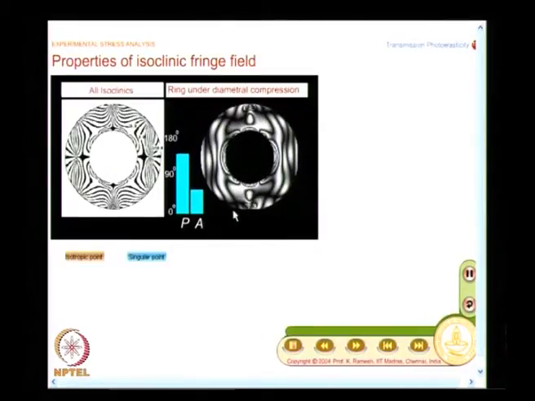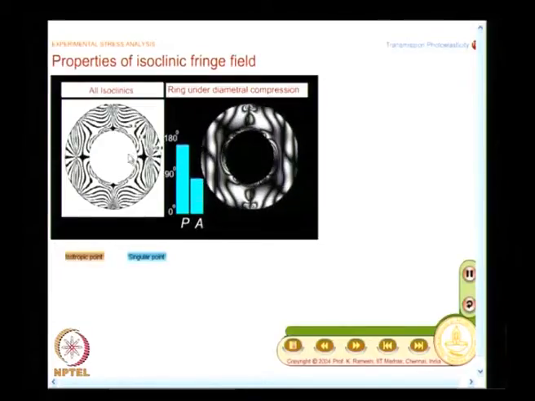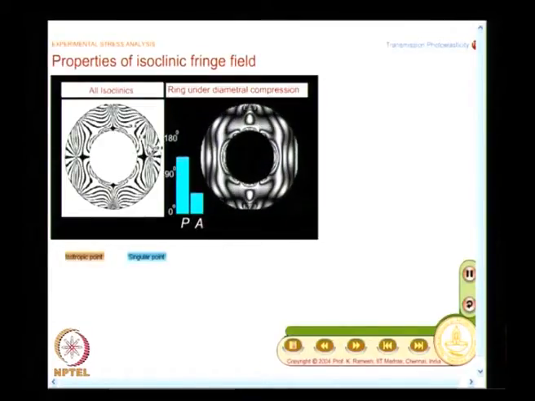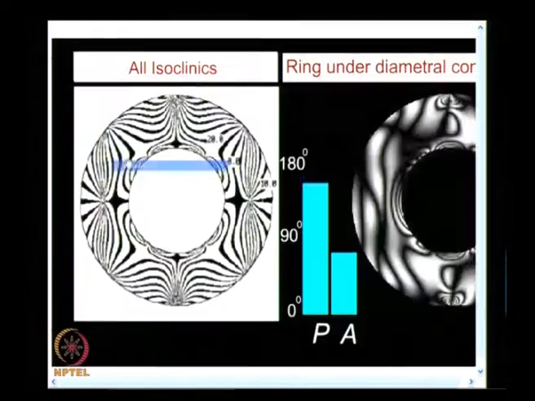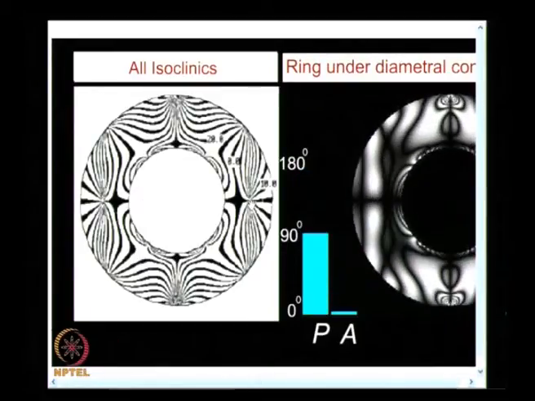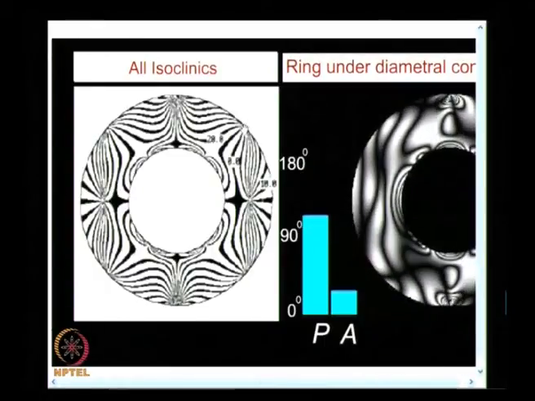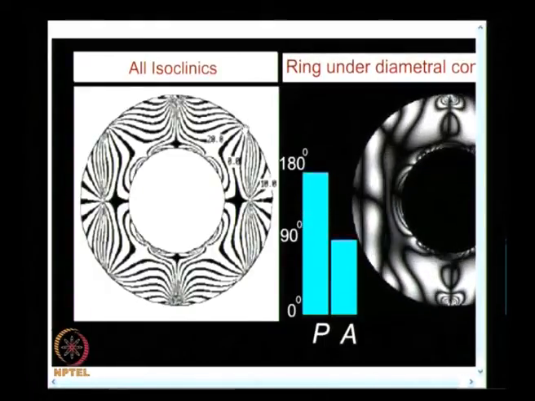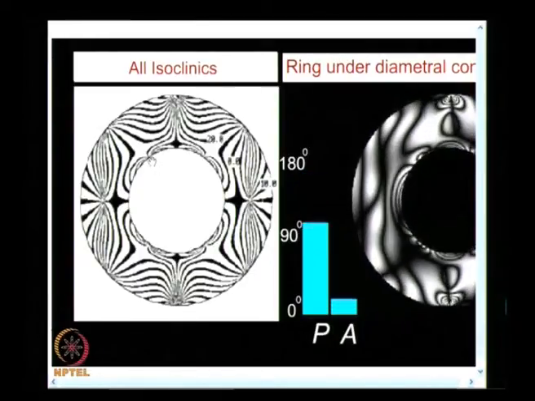So, to aid your visualization, I have also plotted the isoclinics in steps of 10 degrees, and this summarizes some of the observations. At this point all isoclinics pass through, at this point all isoclinics pass through, and at this point you have all isoclinics pass through.